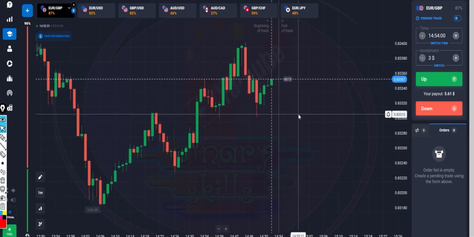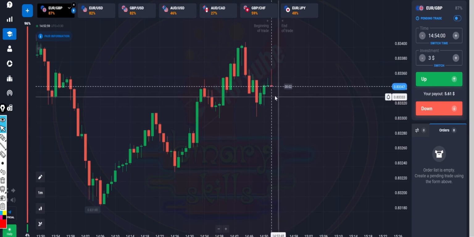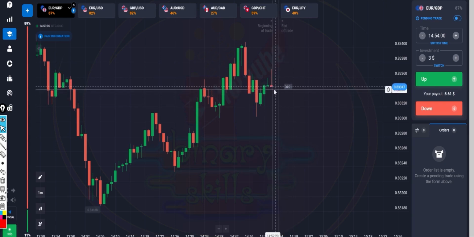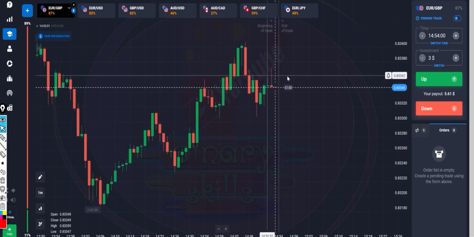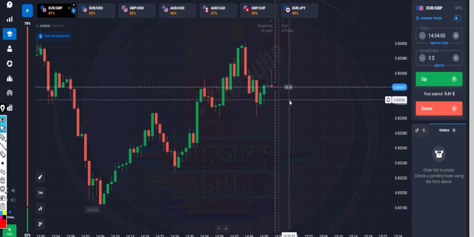But if it goes beyond 30 seconds, say there are 20 seconds left on the candle, then if I open a trade at that point, it will carry over to the end of the next candle, meaning my trade will last for 1 minute and 20 seconds. It will close with the next candle's close. Pay close attention to this detail.